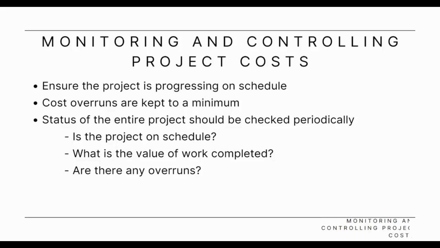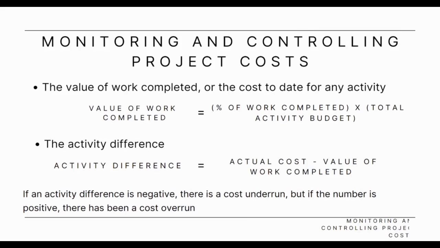Next is monitoring and controlling project cost. We want to plan and control the project cost, which is important, so that it doesn't cross the amount that has been allocated for each activity. So this is it, cost overruns are kept to a minimum. So you can check the value of work completed by multiplying the percentage of work completed and the total activity budget.